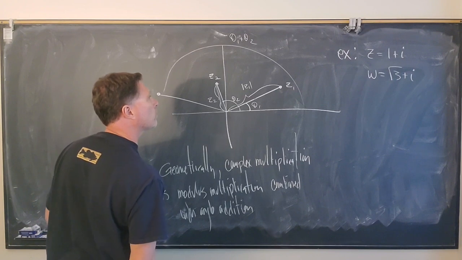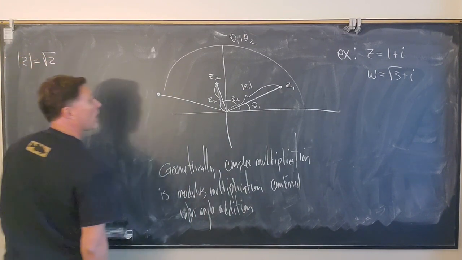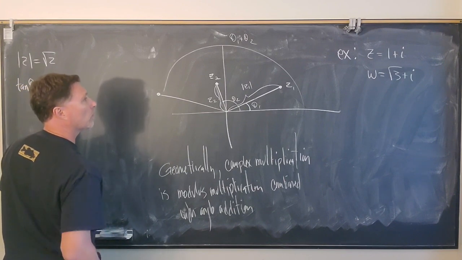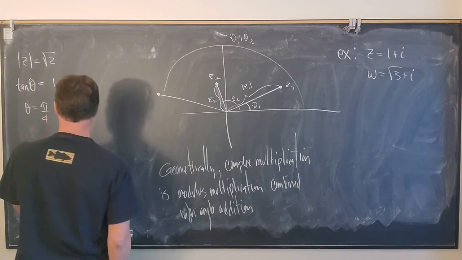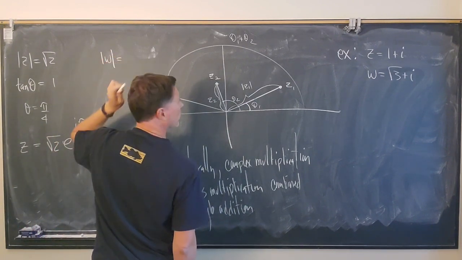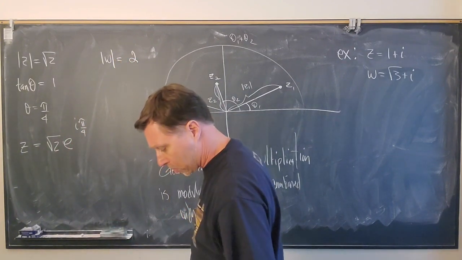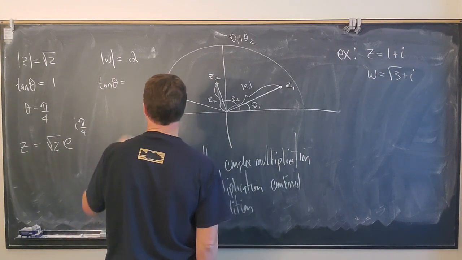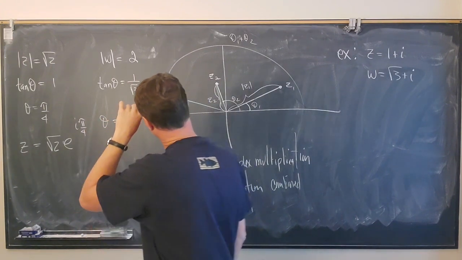The modulus of Z is root 2, and the tangent of theta is 1, so theta equals pi over 4. So Z can be written as root 2 e to the i pi over 4. And for W, the modulus is the square root of 3 plus 1, so it's 2. And the tangent of theta is 1 over root 3, and so theta is equal to pi over 6.